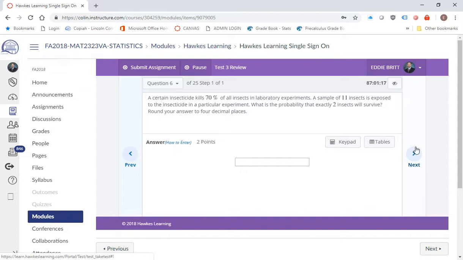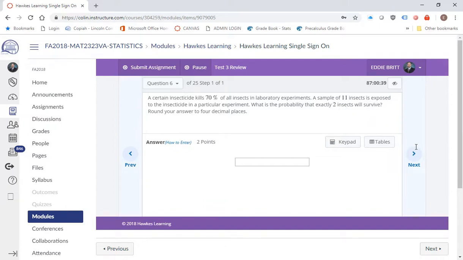Alright, when I first worked this problem, I worked it the wrong way because I didn't read the problem close enough. This is a binomial problem, and so you do have to know the binomial probability distribution formula. But the reason why I messed up is because the problem tells you that it kills 70%, but then we're trying to figure out the probability that 2 survive.